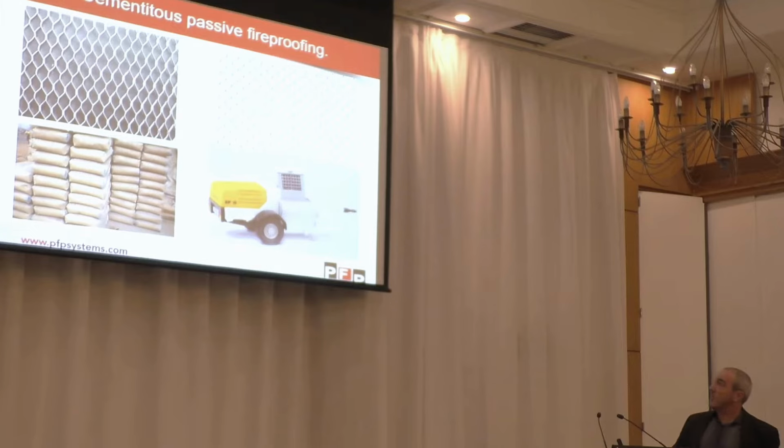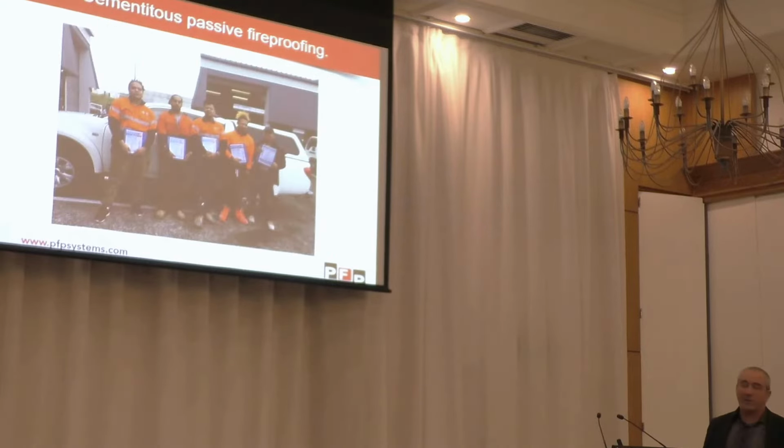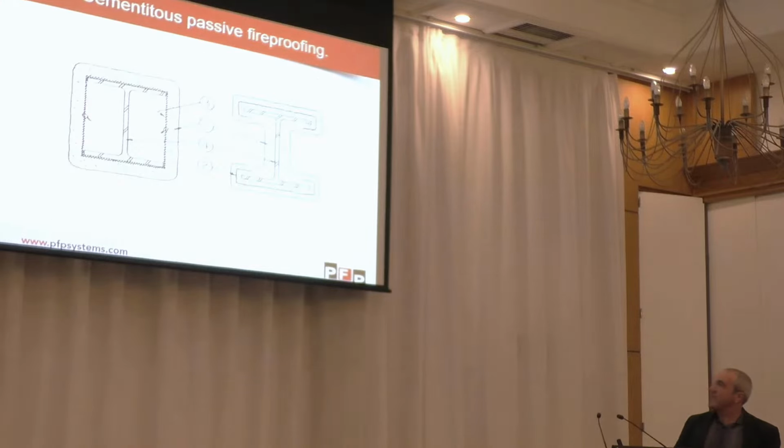Your product, and decent-sized equipment with which to apply it. And of course, one of your most important ingredients is your skilled and trained team. So with that, you can then form your profiles around your structure, and then build up your passive fire layer.